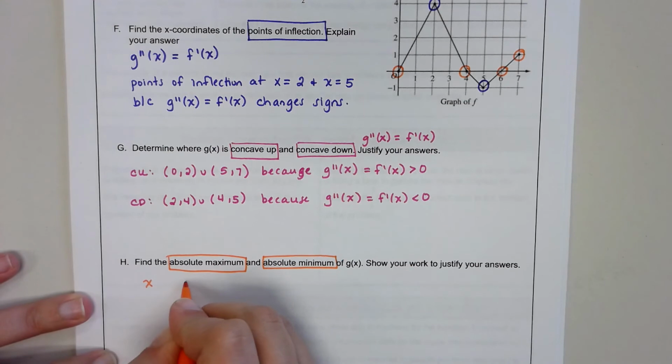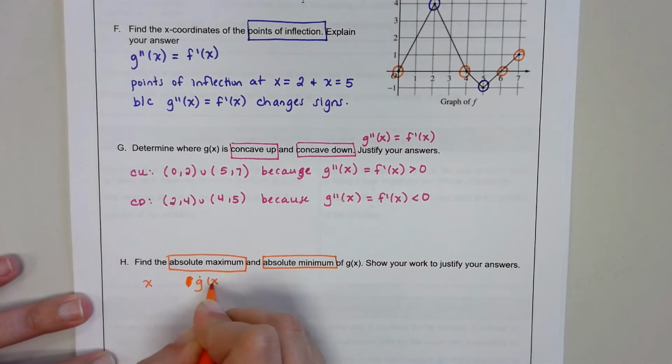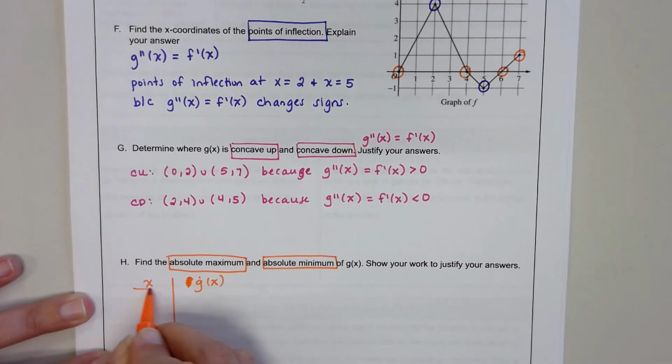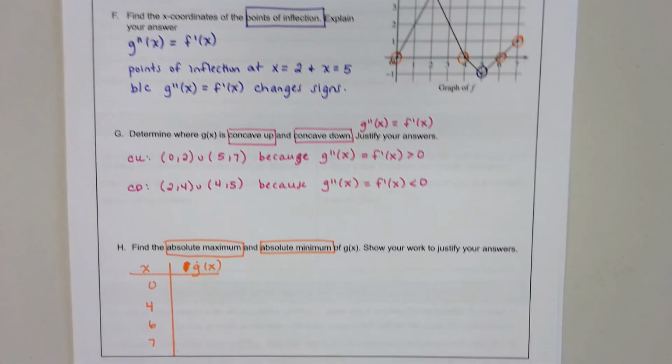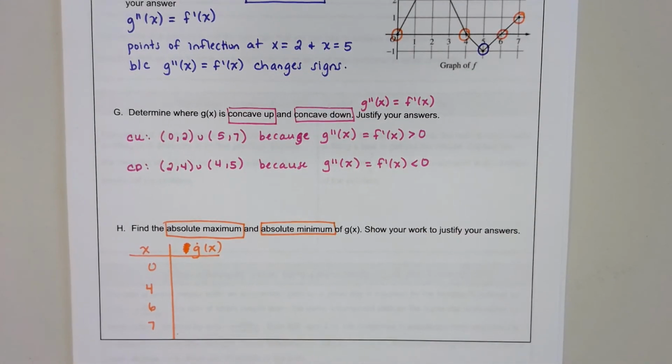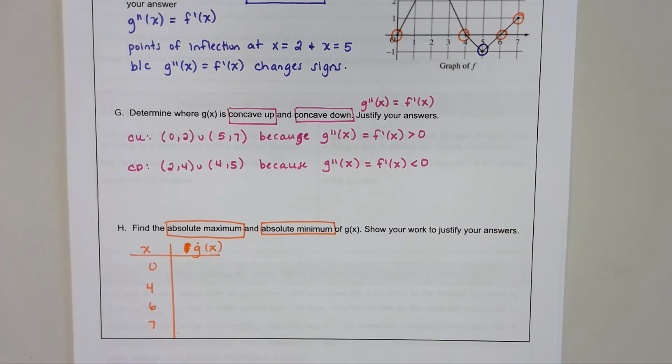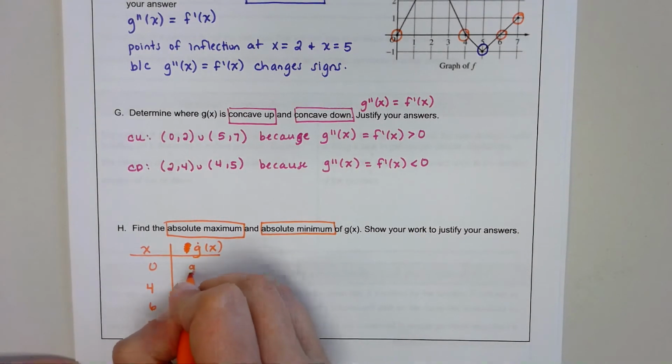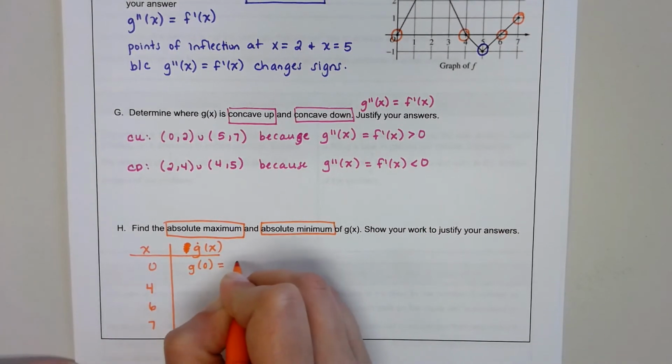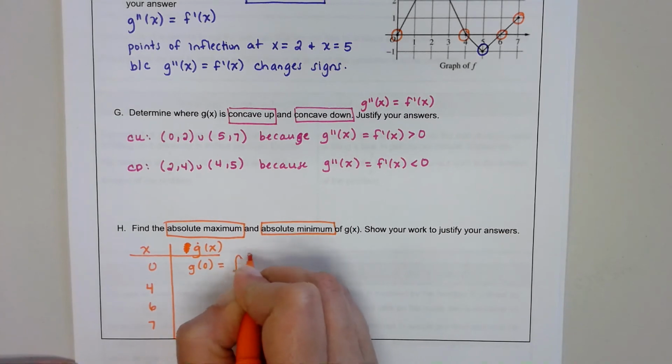So in my chart, I'm going to include 0, 4, 6, and 7. Now, in order to determine which of these values is actually the biggest, I'm going to need to find the y value of g. So to find g of 0, I need to integrate from 2 to 0.